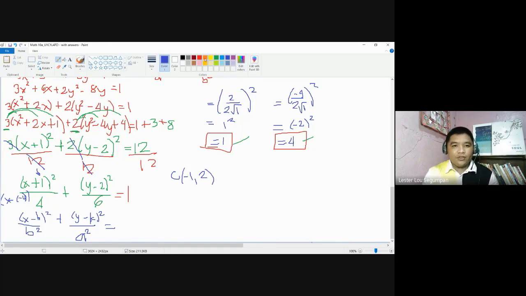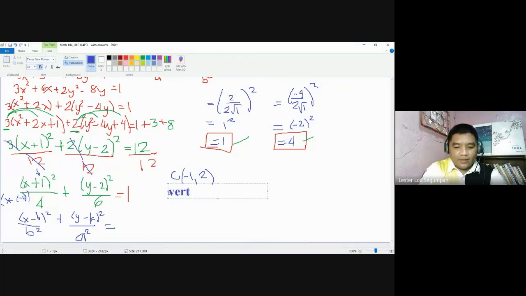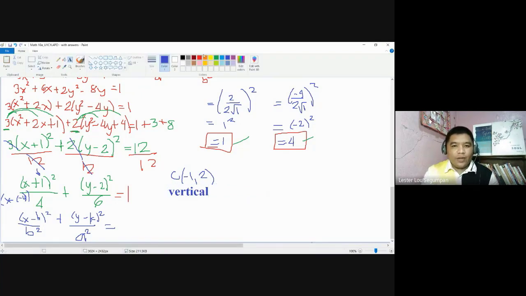As for the position, simply look at where the a squared is written. Again, a squared is still bigger than b squared. So a squared is 6 and it's written below the expression with y. So it's vertical. So a squared is 6.